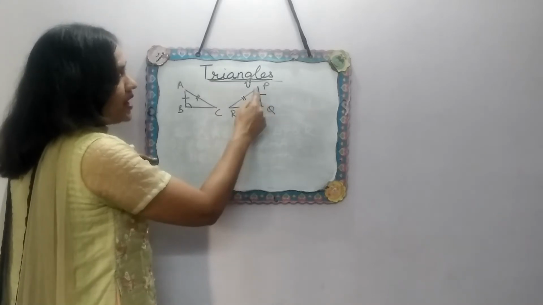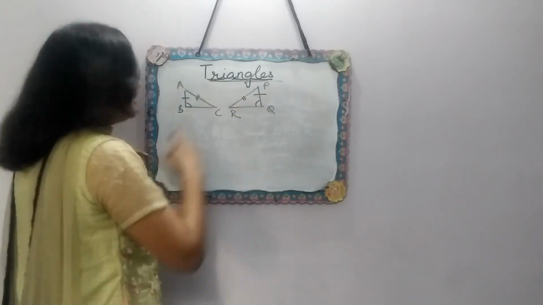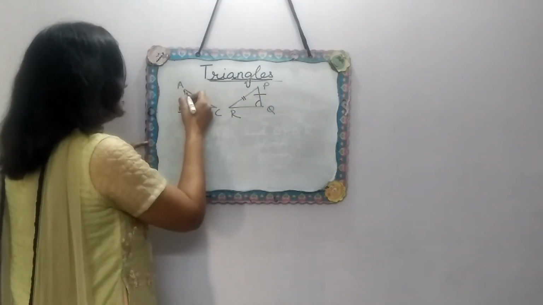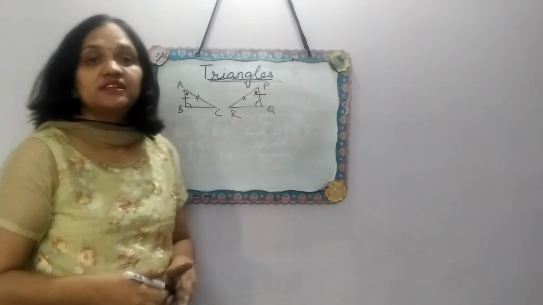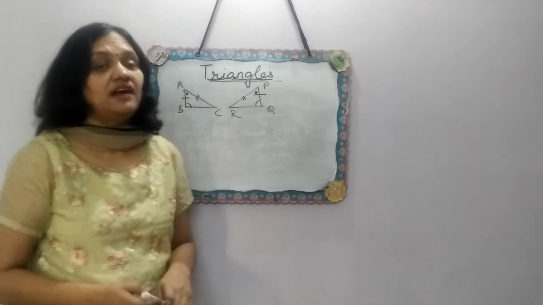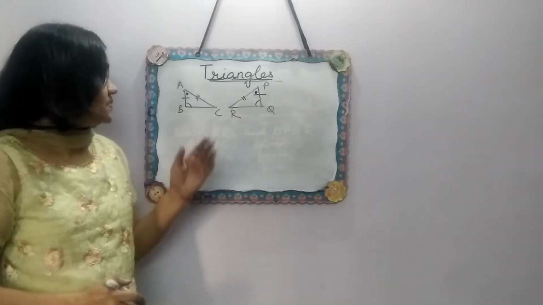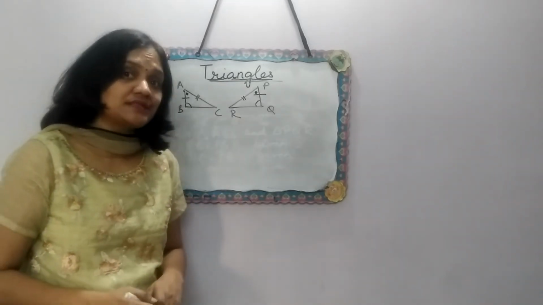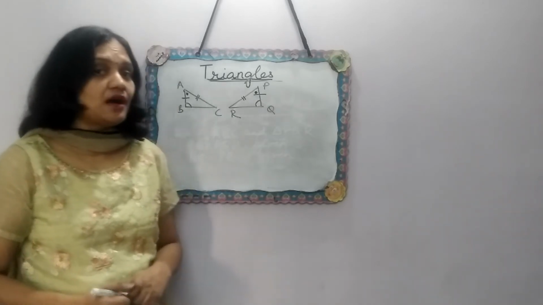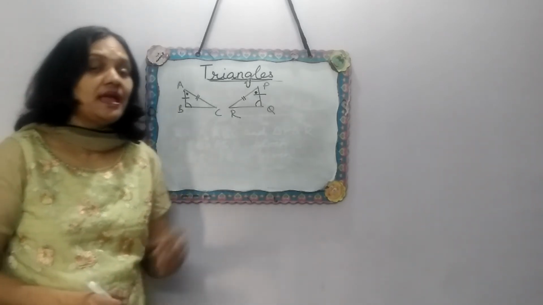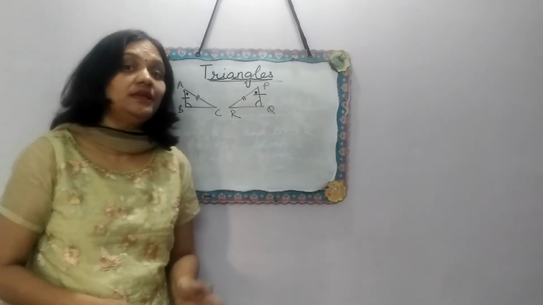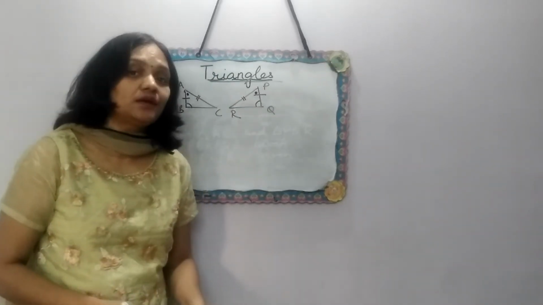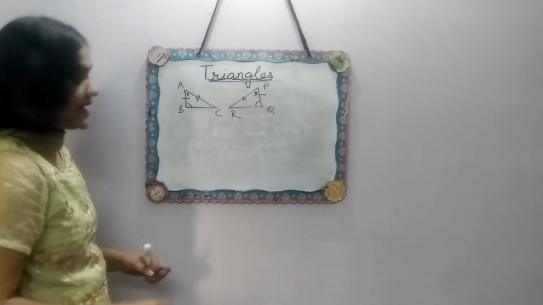PR and PQ are meeting at P. So P is the included angle. Over here, nothing has been given about whether the included angles are equal or not. So simply looking at the figure, we cannot say that the two triangles are congruent by SAS property. In SAS property, it is necessary that the angle has to be the included angle. It has to be included between the given sides.